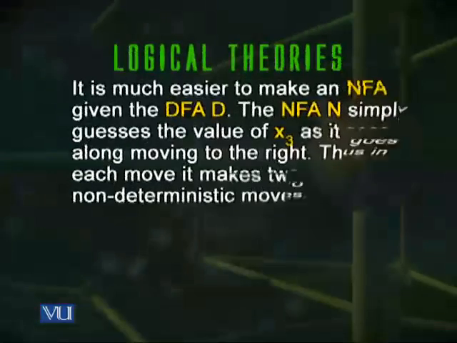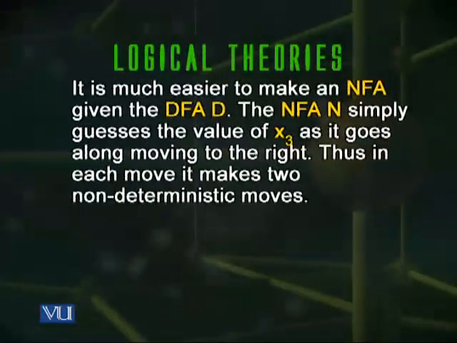So we have a DFA which accepts strings over sigma 3, but it does not capture the quantified part of this formula. What we would like is a new DFA which captures strings over sigma 2 and captures the whole formula. It is possible to make a DFA, but it is much easier to make an NFA using the given DFA.